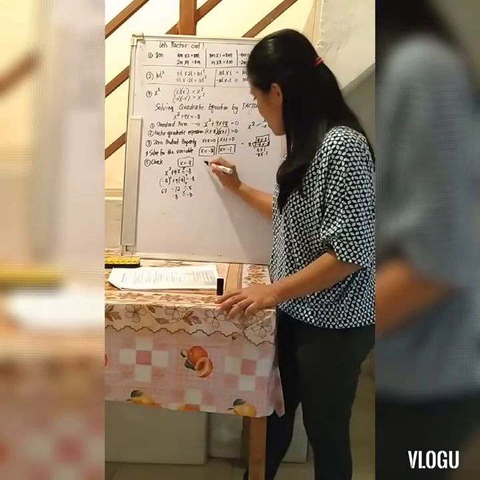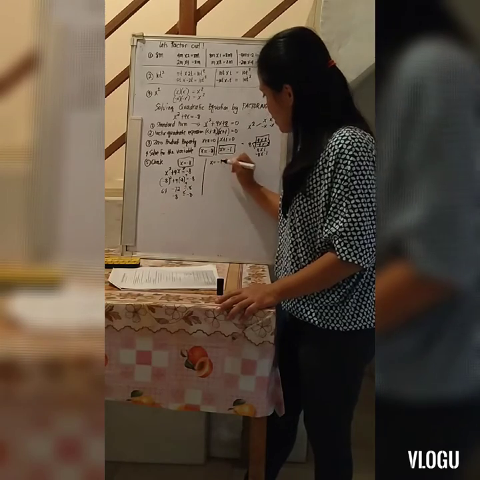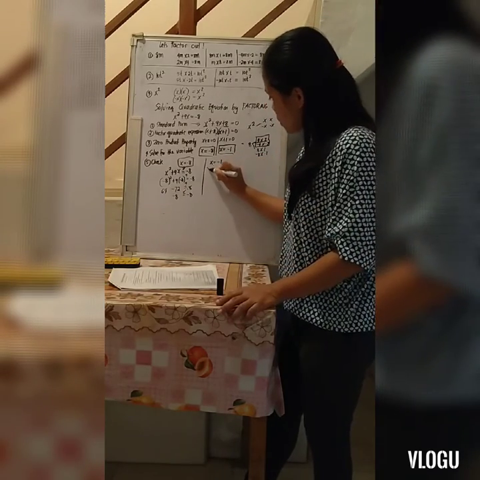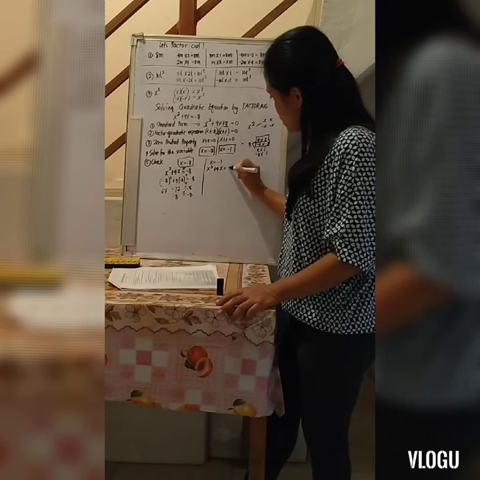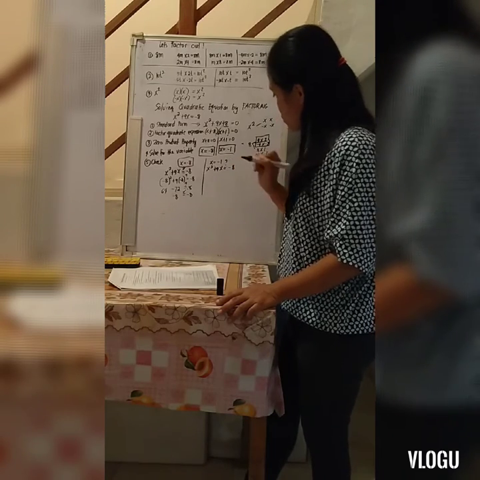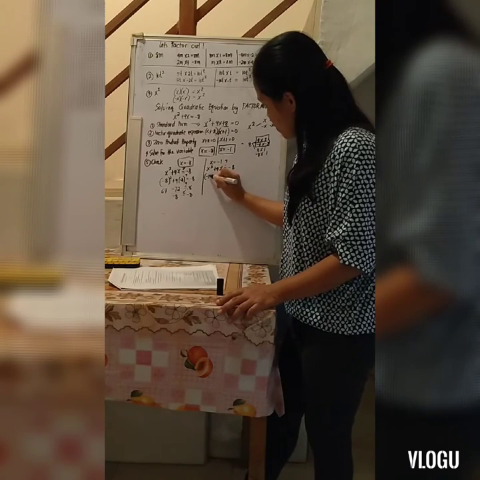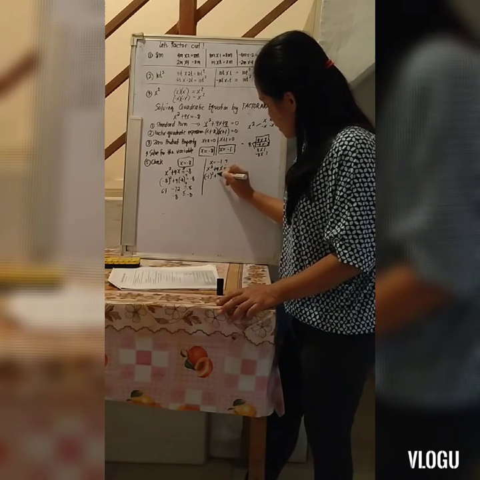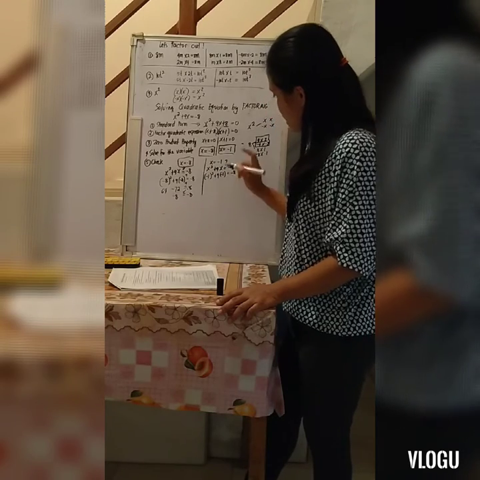Let's check the other value of your x. Your x is equal to negative 1. The original equation, x squared plus 9x equals negative 8, with a question mark. So you substitute: negative 1 squared plus 9 times negative 1 equals negative 8.